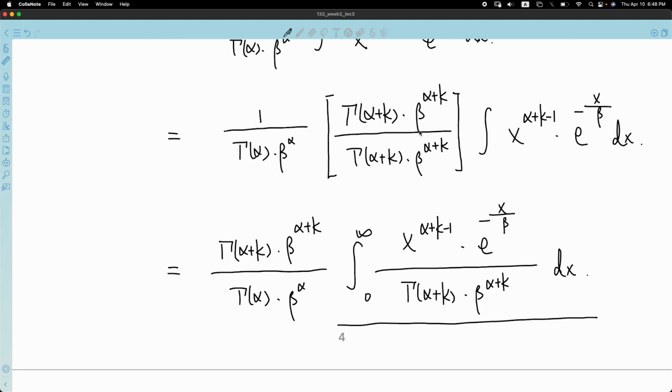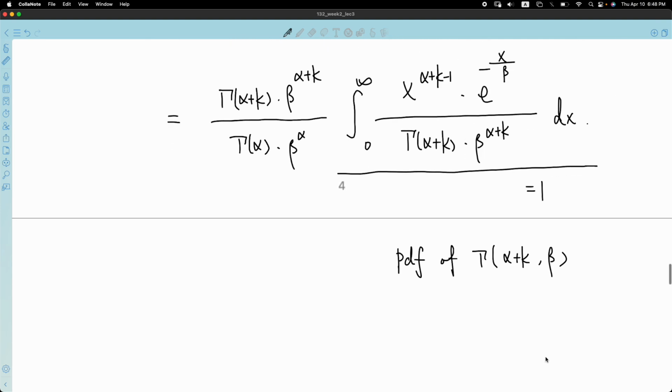So that's the reason why we want to design it this way. So this equals 1. And for the integral part that is equal to 1, that means the whole expression just reduces to this fraction, alpha plus k divided by the gamma function of alpha, and like that.